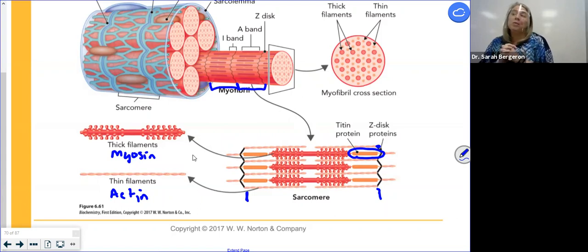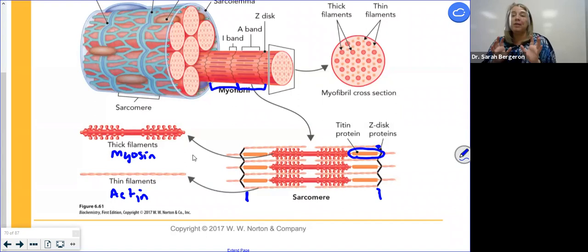Do you remember when we were talking about ion transport? We said that there was something in particular that transported calcium. That was really important. Remember SERCA? SERCA transports calcium from the sarcoplasmic reticulum to the cytosol and vice versa, right?